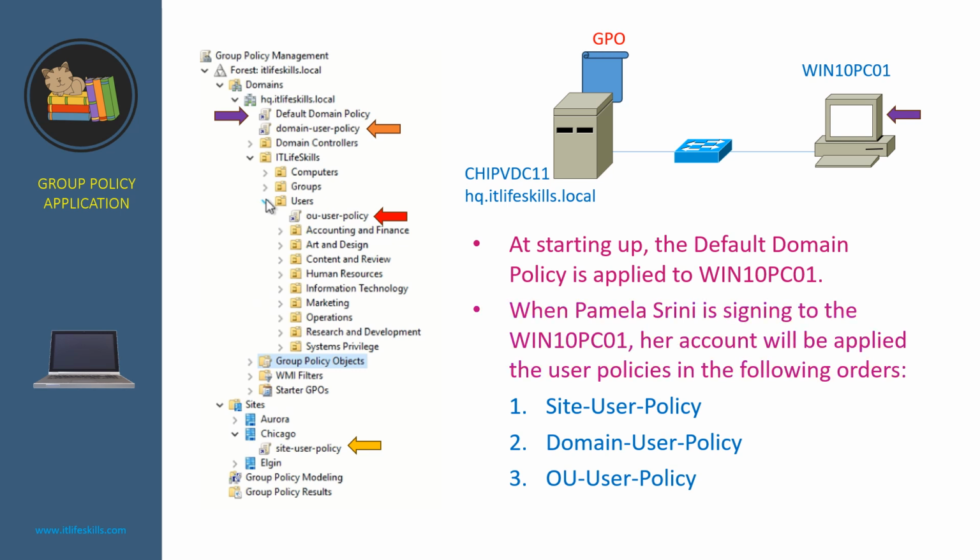When Pamela Srini signs in to Win10 PC01, her account will be applied the user policies in the following order. First is the site user policy, then the domain user policy, and finally the OU user policy.